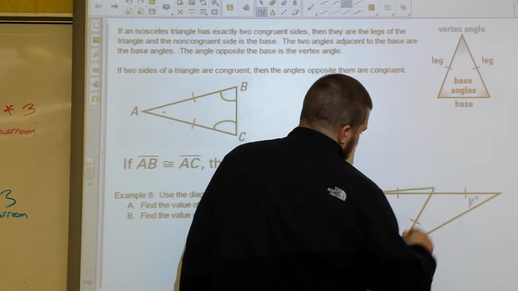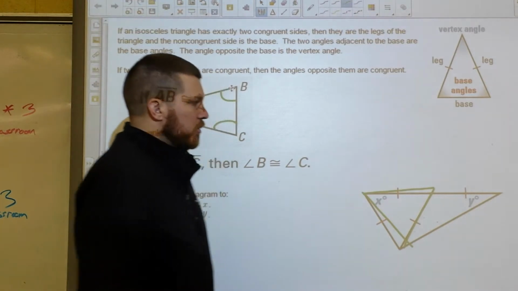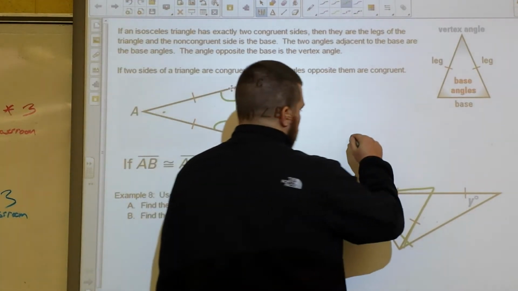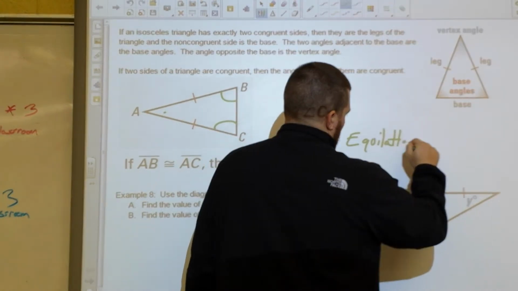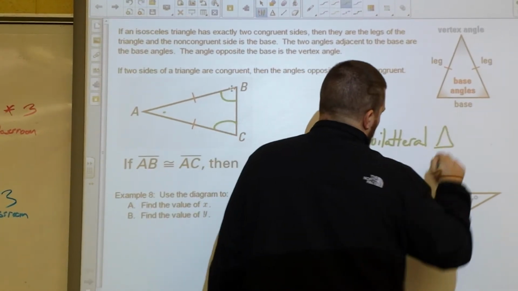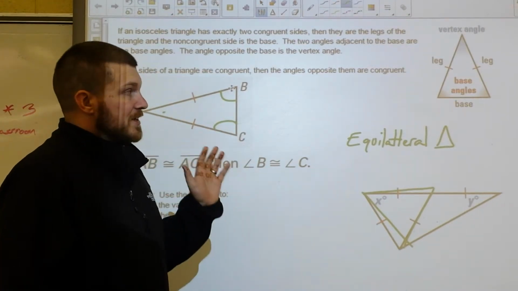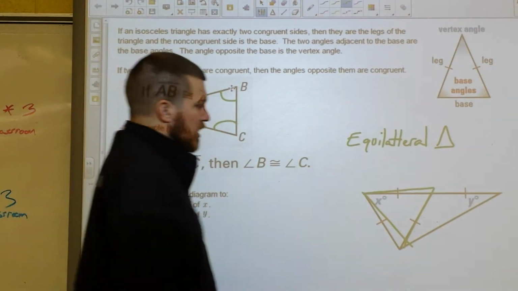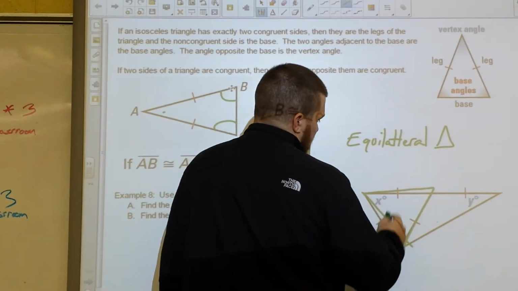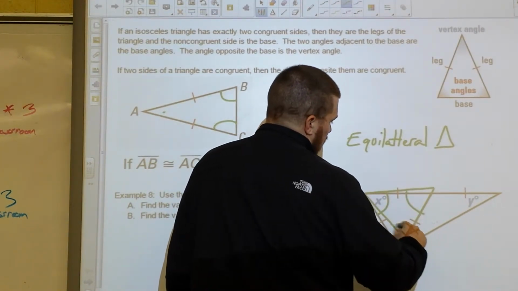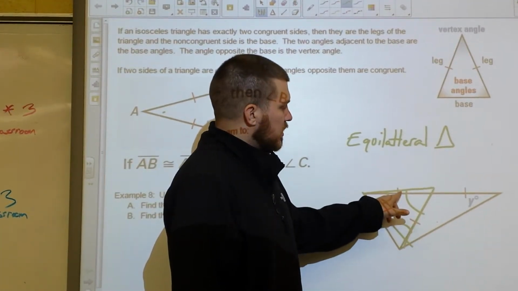I'm looking at this triangle right here, and I see that 1, 2, 3 sides are congruent, so that's equilateral. So the green triangle is an equilateral triangle, which means it's a special type of isosceles. We know that the base angles are opposite the congruent sides, and base angles are congruent. So here's a congruent side, here's a congruent side, and here's a congruent side.